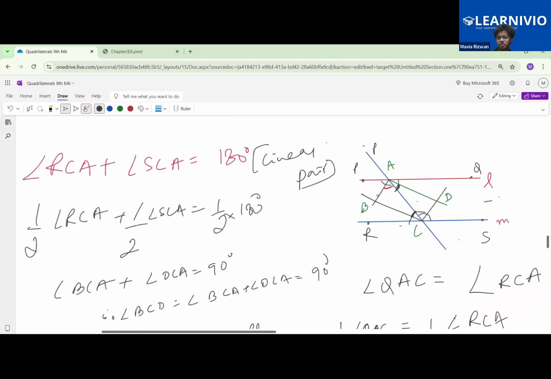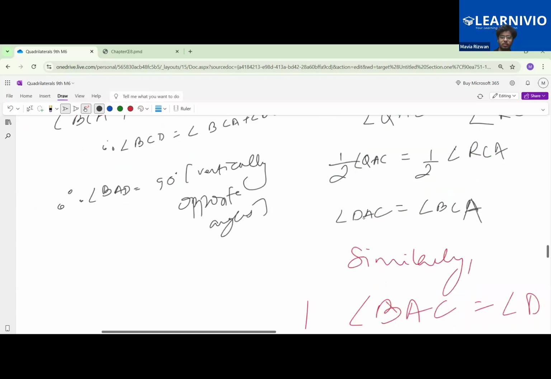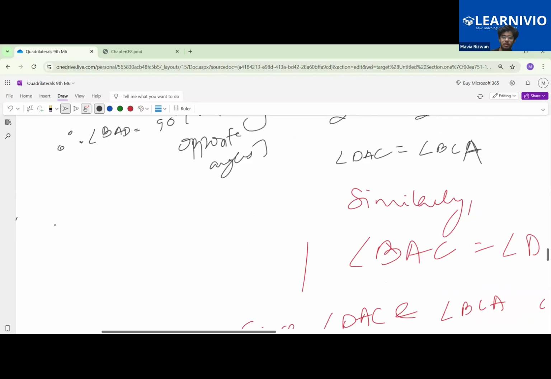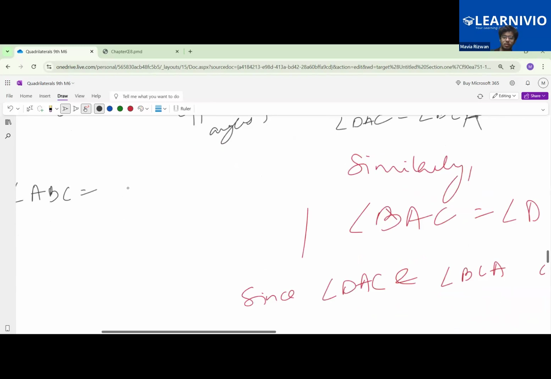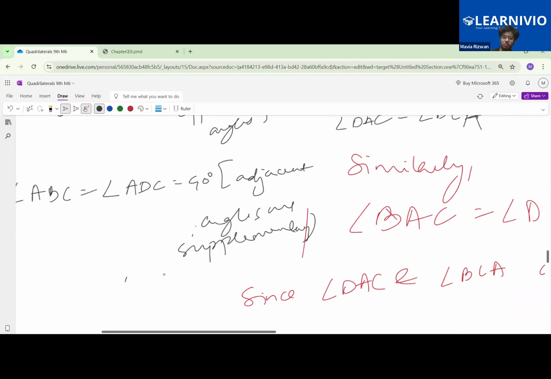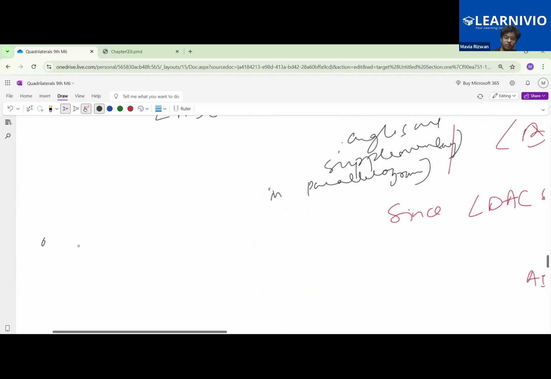And at last we have angle ABC, and angle ADC goes as 90 because adjacent angles are supplementary. So that one was 90, so this would also be 90, because 90 plus 90 is 180, supplementary in a parallelogram. Therefore ABCD is a rectangle.